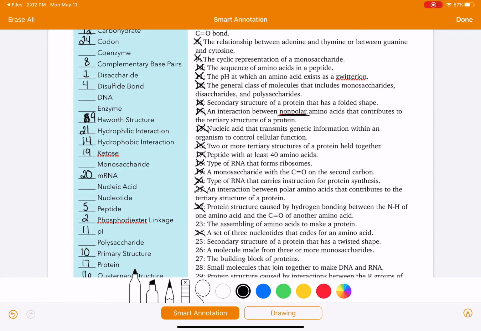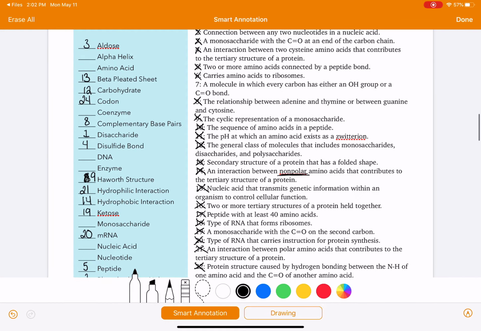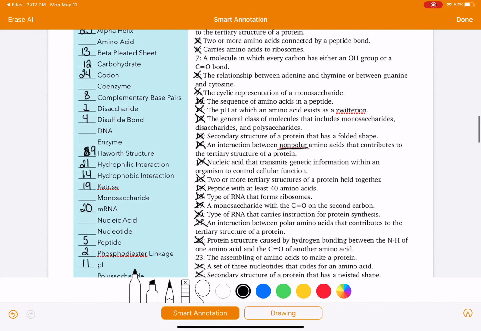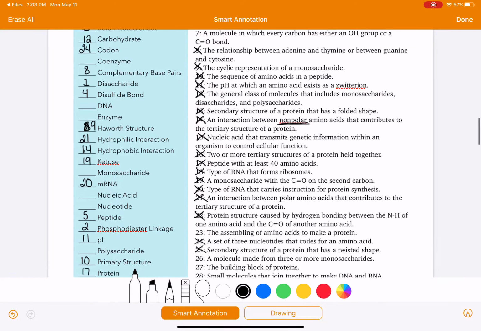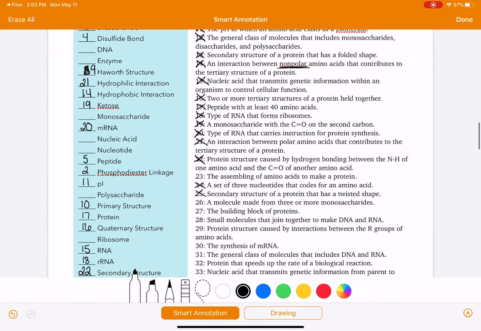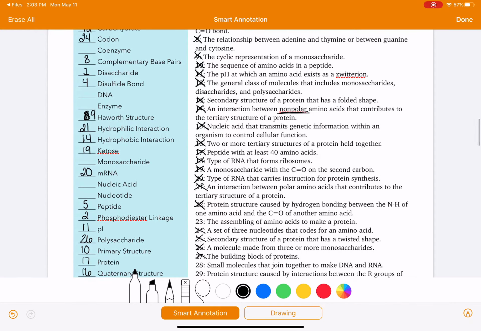Secondary structure of a protein that has a twisted shape is the alpha helix. A molecule made from 3 or more monosaccharides is a polysaccharide. 26. The building block of proteins are amino acids.